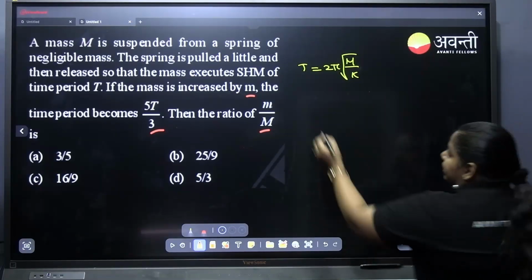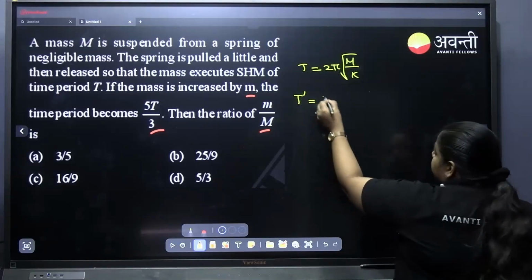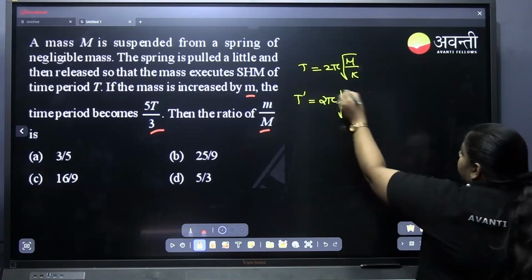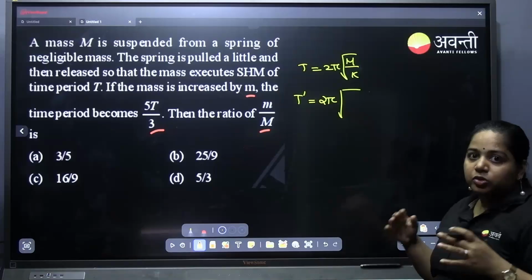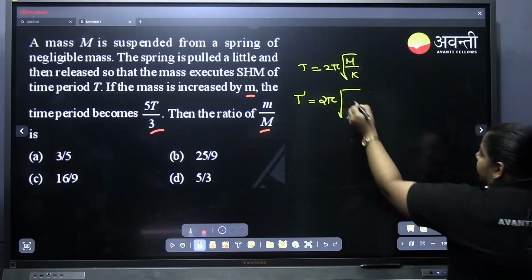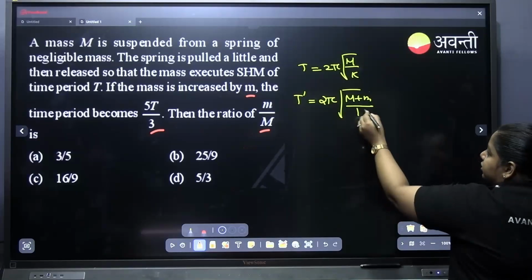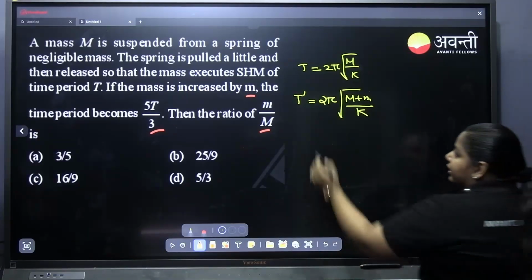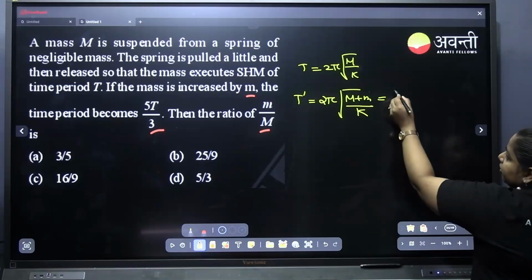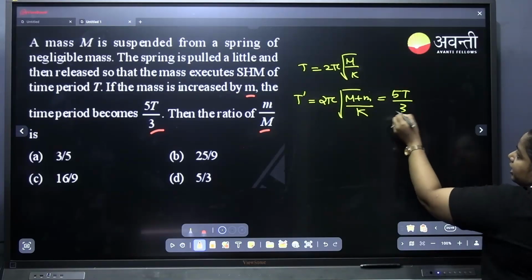Next case, T dash is equal to 2 pi root of, mass is changed, so m plus small m will come, divided by k, k did not change. T dash is given as 5T by 3.